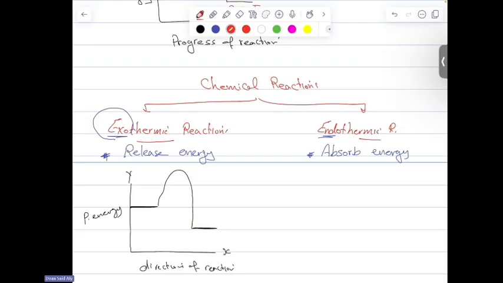Here on this side, and in the final exam they will ask you to label the graph or to label this curve. So here this line represents the reactants, and they combine chemically together to form the products on the other side.